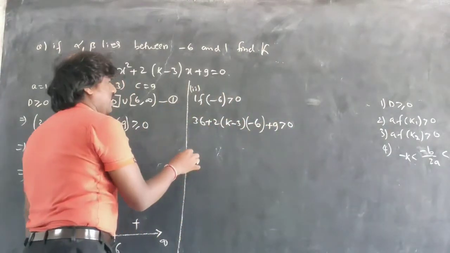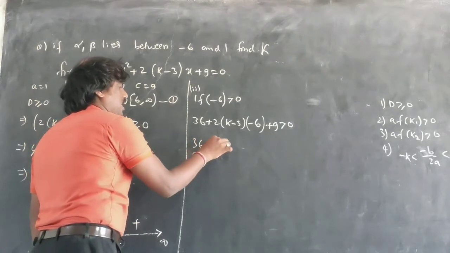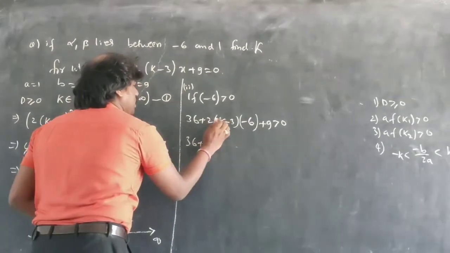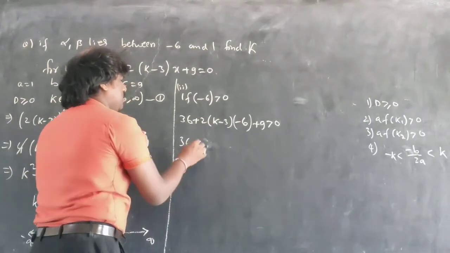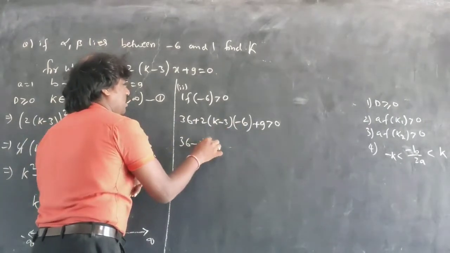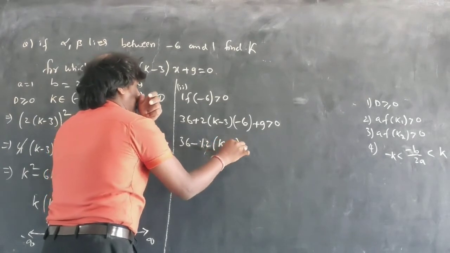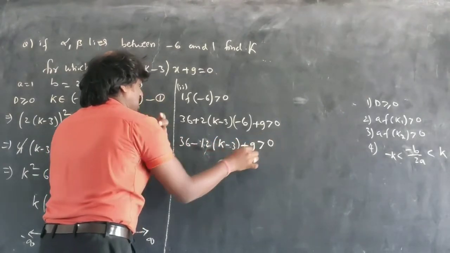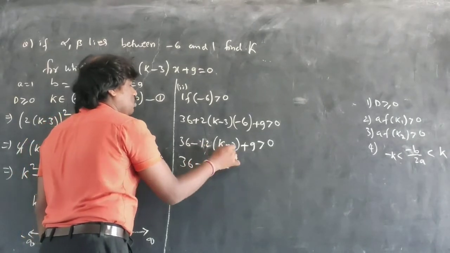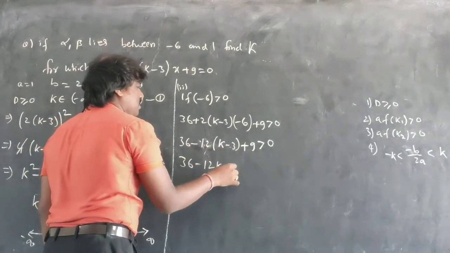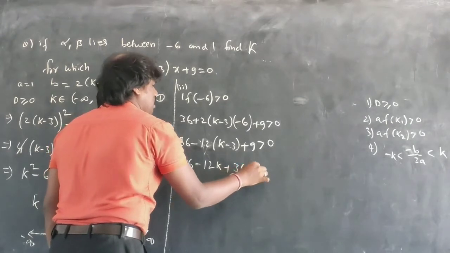So what am I going to get here: 36 plus 2k, and this is simple. You can apply simple logic. Minus into plus is minus, 6 twos are 12, so minus 12 into (k minus 3) plus 9 is greater than 0. So 36 minus 12k minus 12 times minus 3, a minus into minus is plus, which is plus 36, and 36 plus 9 is greater than 0.